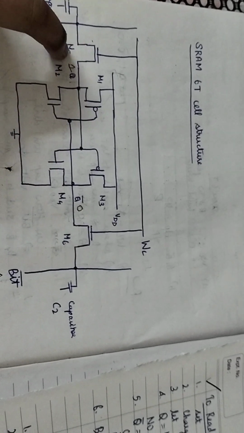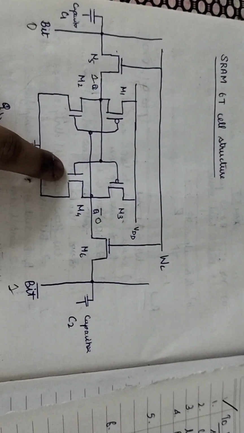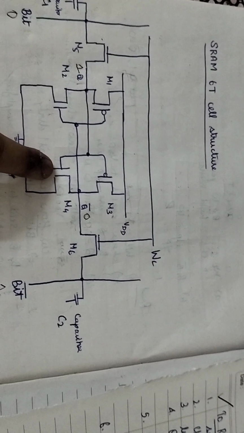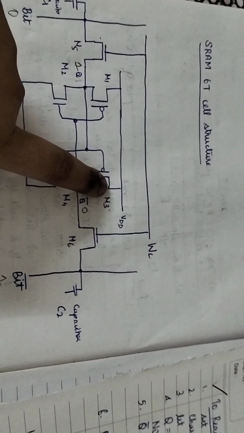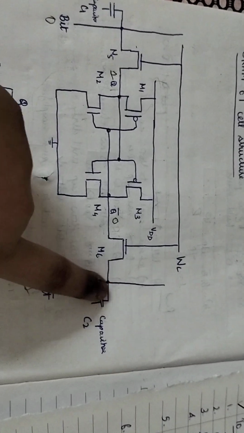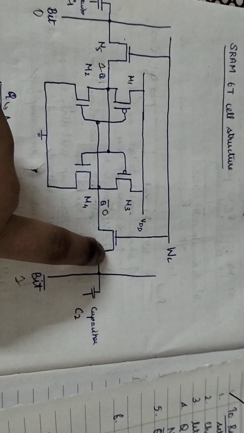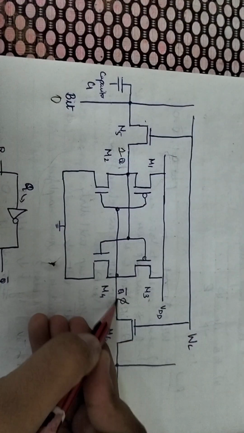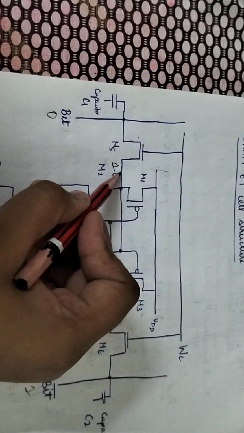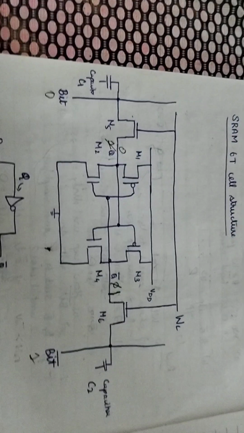So when M5's potential reduces, M4's potential will also reduce. When it falls below the threshold of M4, M4 is switched off, M3 becomes switched on. Then this 1 travels from the bit complement line to M6 to Q bar to M3. Thereby Q bar becomes 1, and when Q bar becomes 1, Q is obviously set to 0. So that is how you perform a write operation on an SRAM cell.